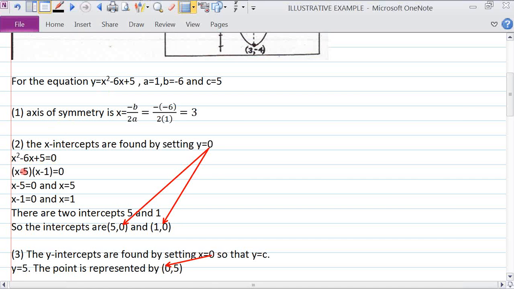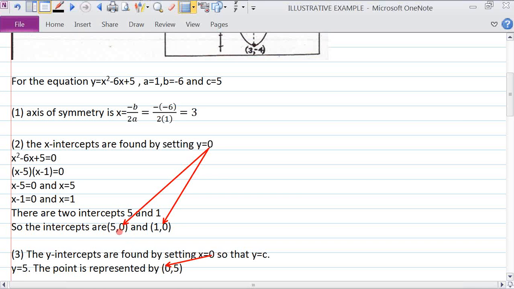We factor this as x minus 5, x minus 1 equals 0. Set x minus 5 equal to 0, and then x equals 5, and set x minus 1 equal to 0, and x equals 1. So we know there are two x-intercepts, 5 and 1.